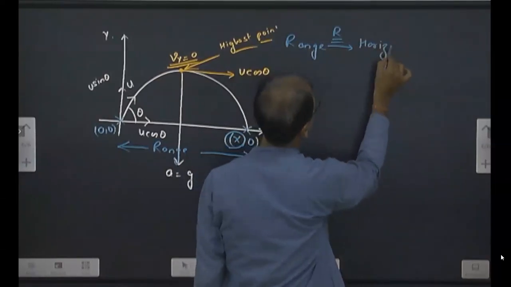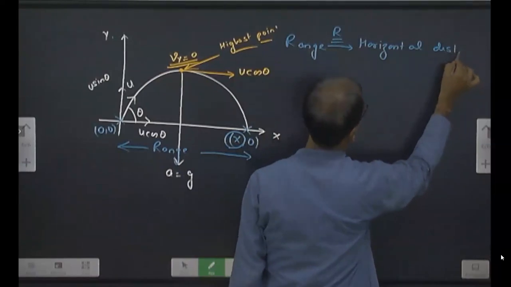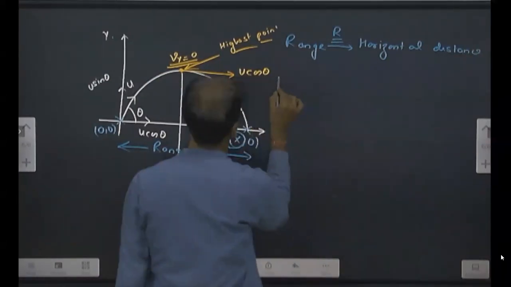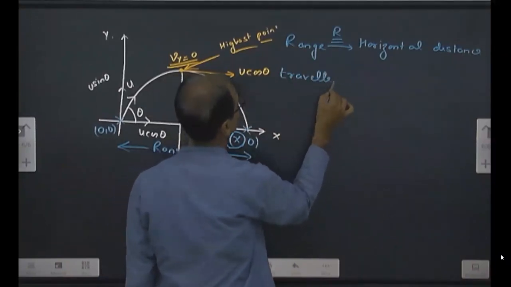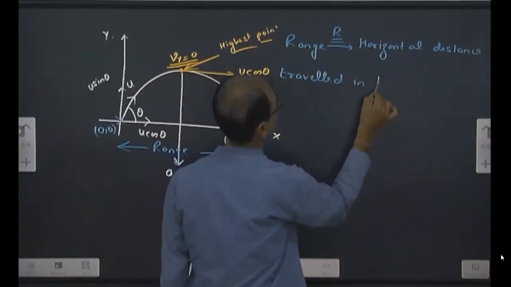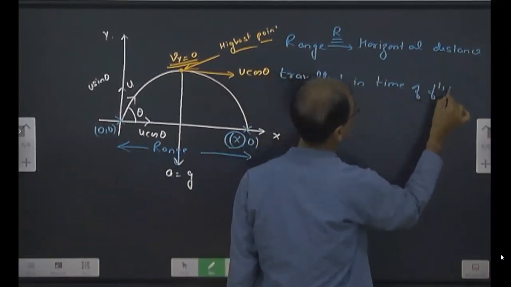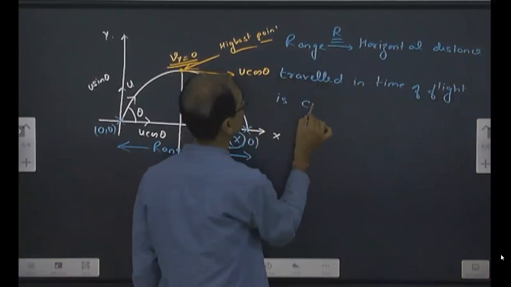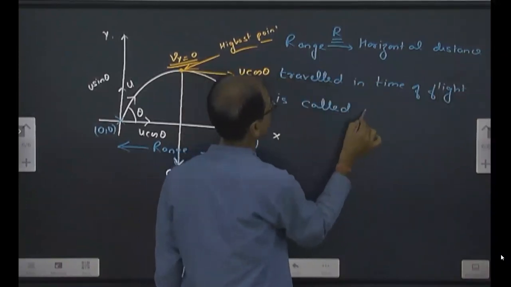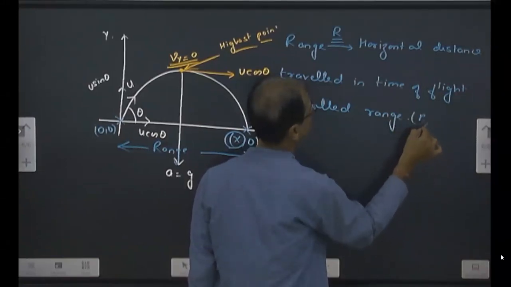Horizontal distance traveled in time of flight is called range, which we represent with R.